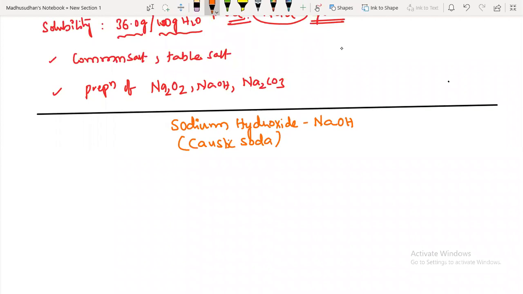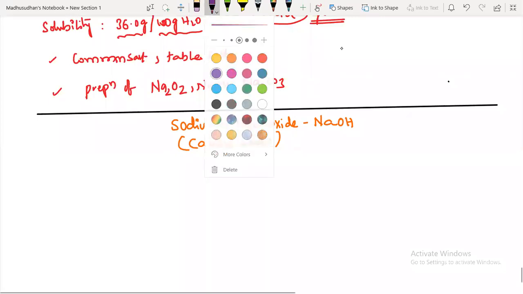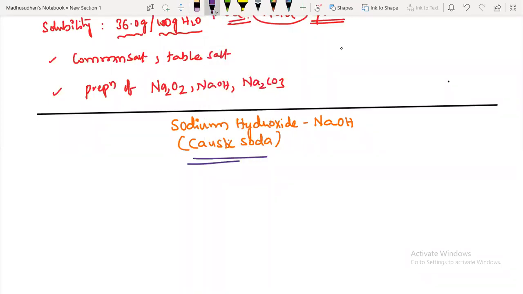It is prepared from, okay, it's a preparation method we'll see now. Sodium hydroxide or caustic soda is prepared by using a technique called the Castner-Kellner cell.